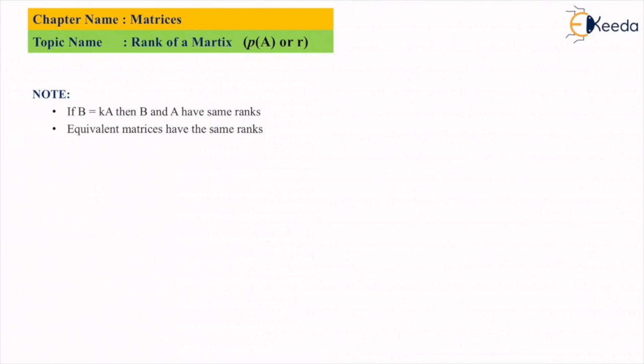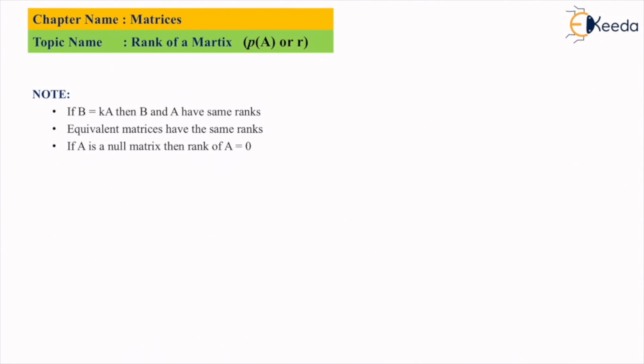Let's say there are two matrices with different elements, but one matrix can be reduced to the other matrix by doing some row and column transformations. Such matrices are called equivalent matrices. So guys, always remember, for equivalent matrices the rank is always the same.